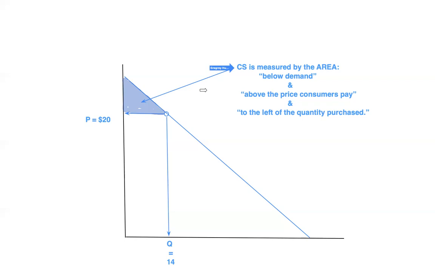I said dollar value, but it's important to notice that when you have units, you purchase 14 units for $20 a piece. Well, you've got units times dollars, and the result is your total spending. It's in dollars. So consumer surplus, because we have prices here on the vertical axis, is going to be measured in terms of dollars too.